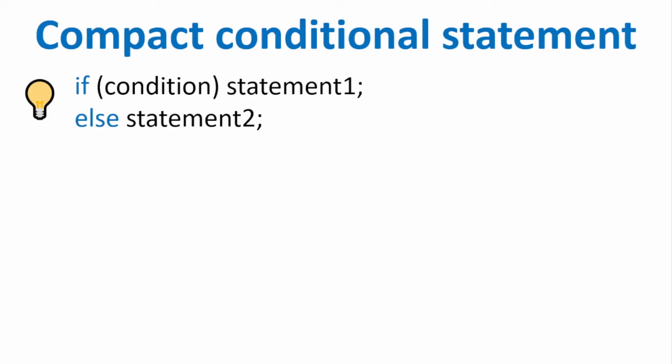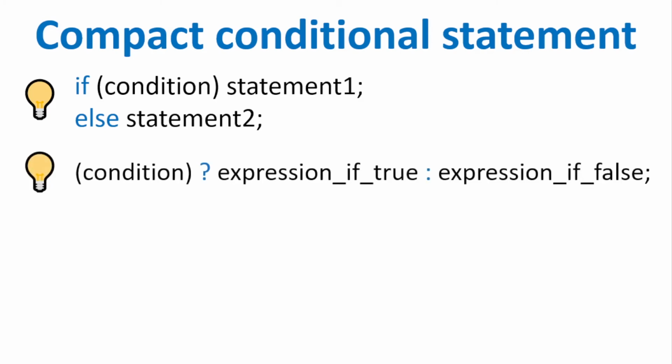Here's a quick tip. If your if or else block contains only one statement, you can write it in a single line without curly braces. You can also use the ternary operator to write conditional statements in a single line.